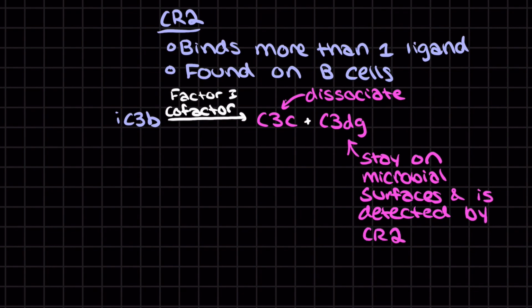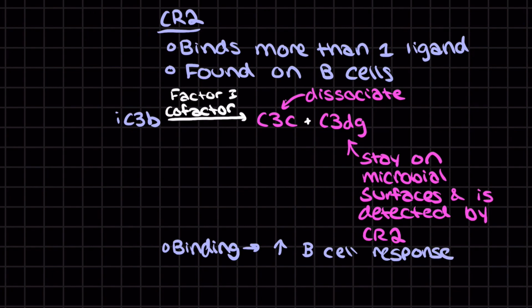And remember that CR2 is found on B cells. So when CR2 is activated, binding leads to increased B cell response, including increased antibodies.